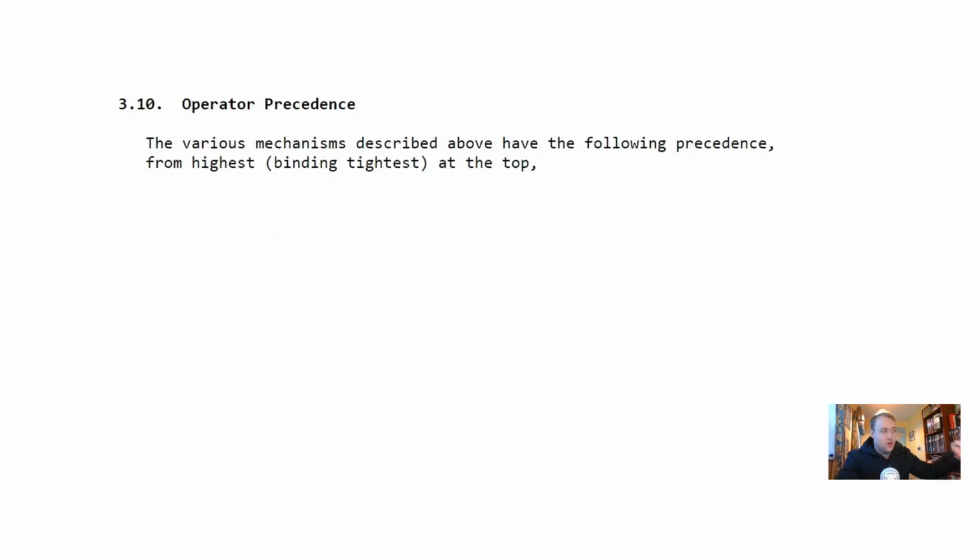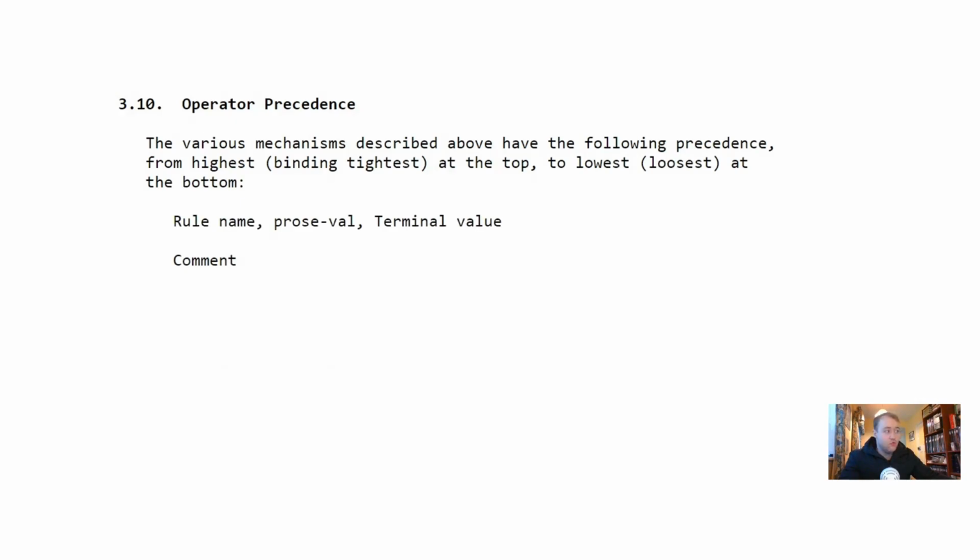The ones at the top of the list have the tightest binding, and the loosest binding at the bottom. So rule name has got to have tight binding if you think about it. It would be chaos otherwise. Comment, value range, repetition, grouping, those rounded brackets, concatenation, just rule with a space, and alternative.